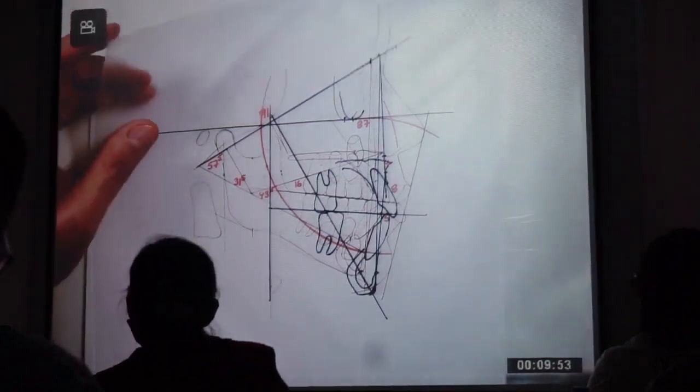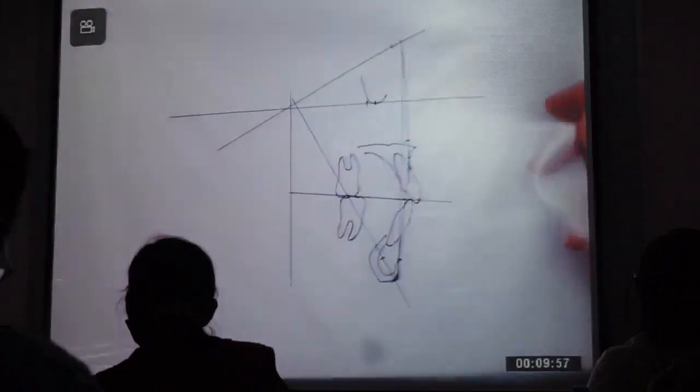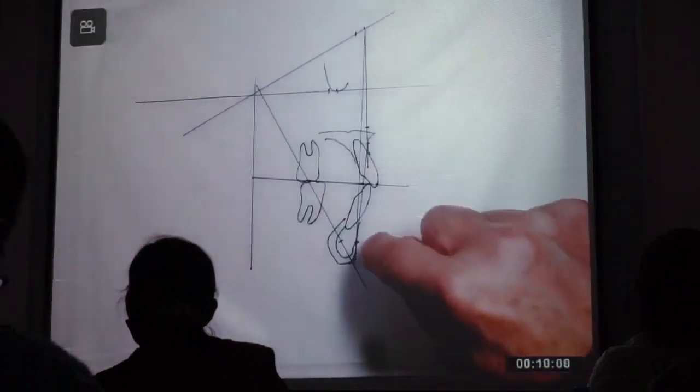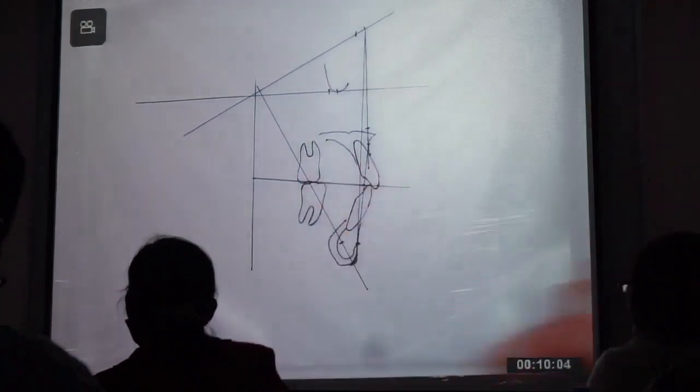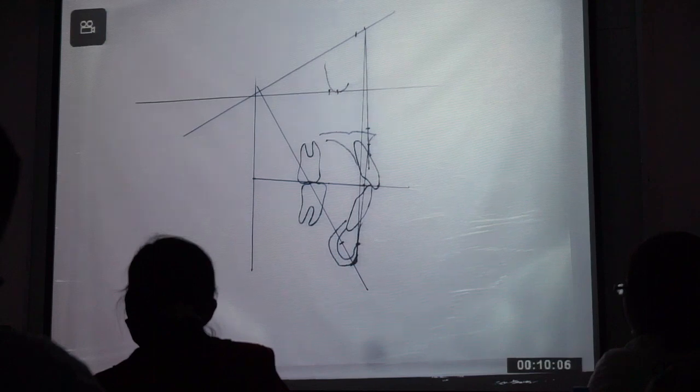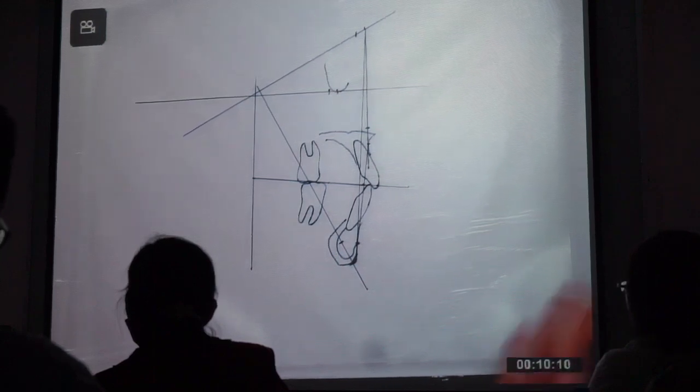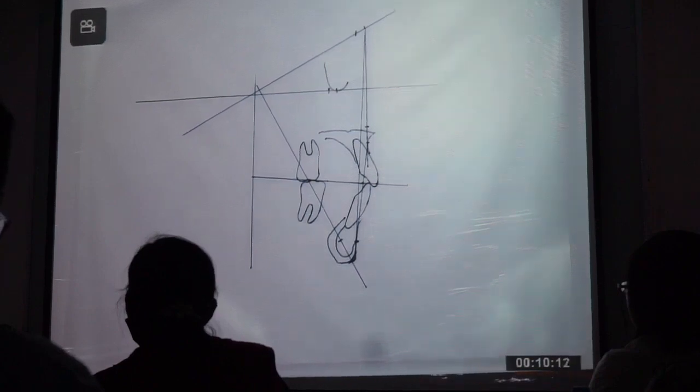If I am willing to change something, on this template I put my changes in red, another color. Then I can visualize what I want to change about the skeleton. But in this case, I don't want to change.